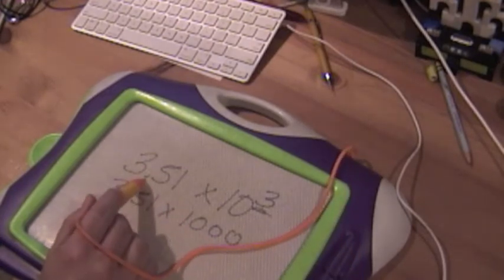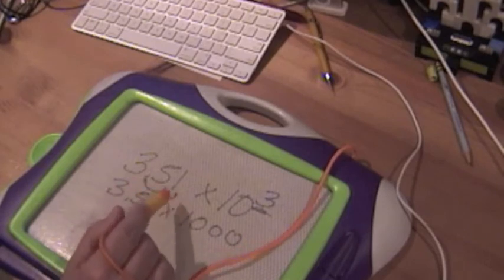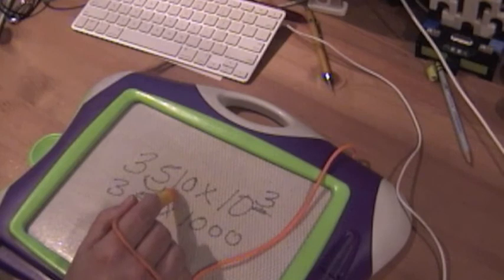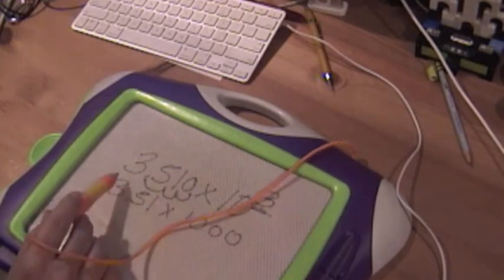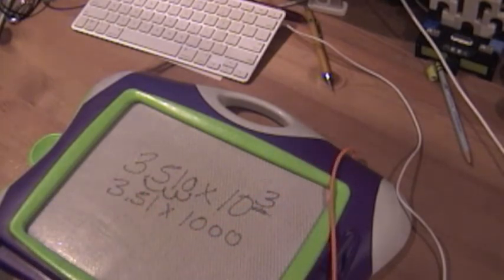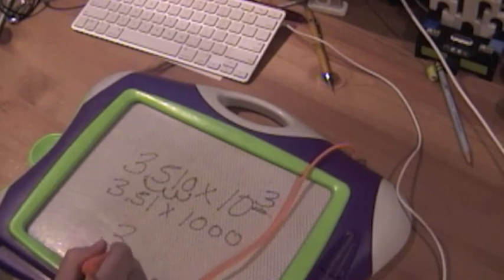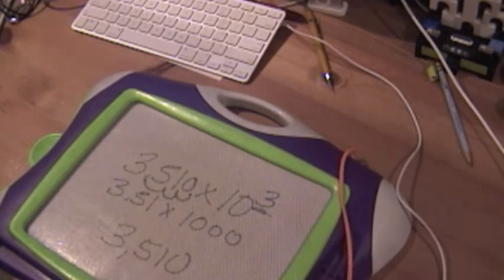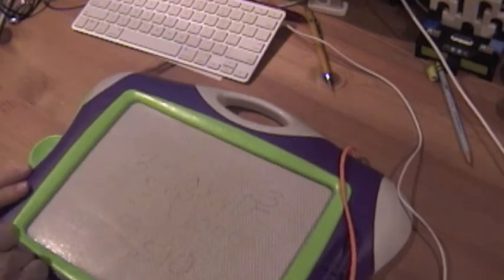So if I start at the decimal point, I move it to the right, 1, 2. I don't have a place value there, so I need to put a 0 in as a place value, 3. So 3.51 times 10 to the 3rd is actually 3,510.